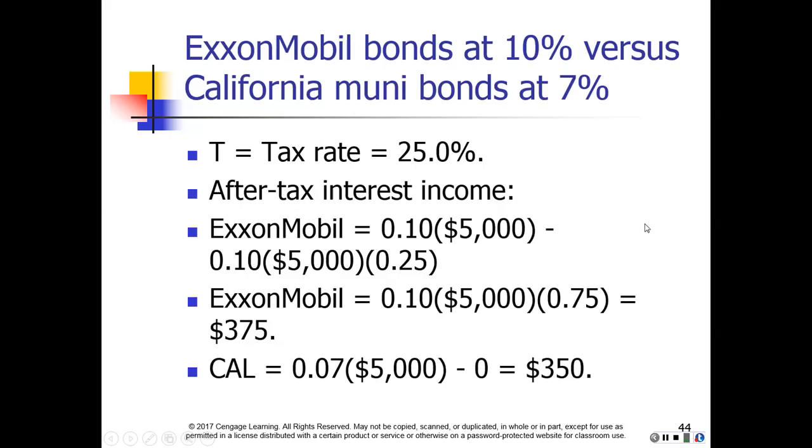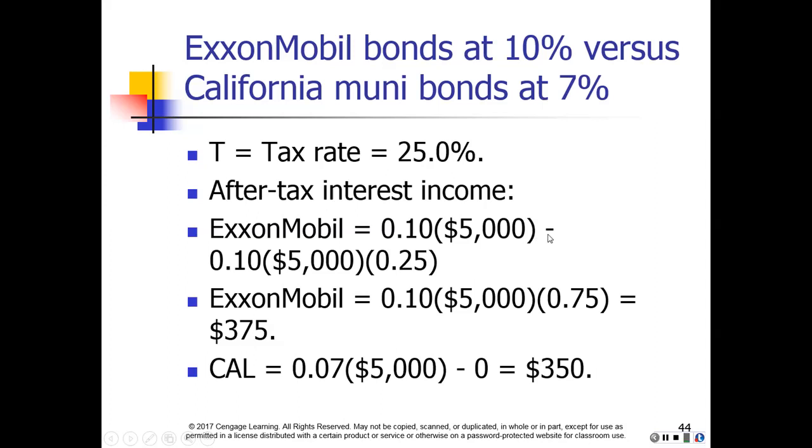Okay, so when we're making comparisons between, say, a corporate bond and a muni, if we are subject to a 25% marginal tax rate, how do we make comparisons? Well, we actually look at the after-tax rate from the corporate bond and compare it to the munis, right? So ExxonMobil, let's say, pays 10%.